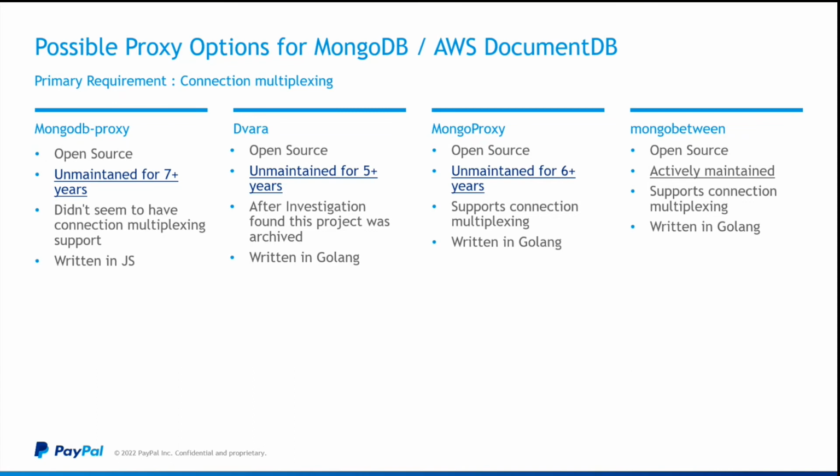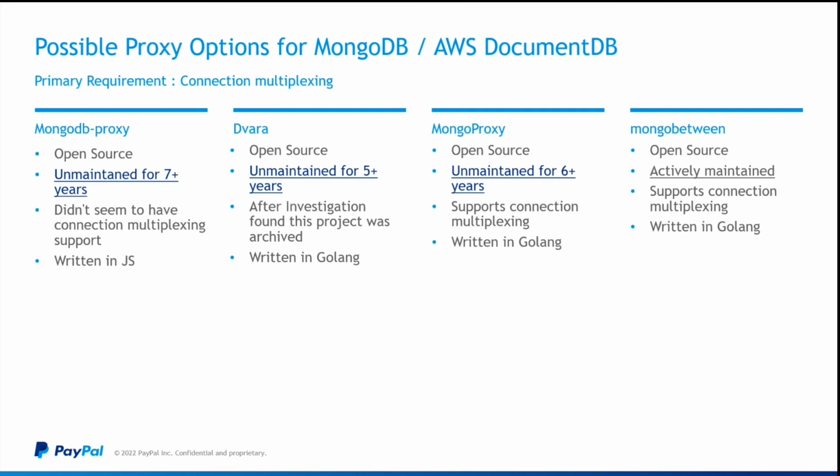And it was not being maintained for the past 7+ years. The second one that we explored is Aurora. It's an open source project from Facebook. It does offer connection multiplexing, but after further investigation, this project has been archived and no longer maintained for the last 5+ years.